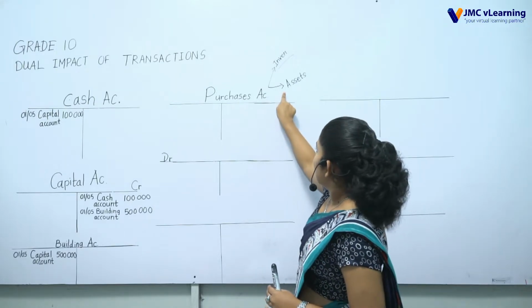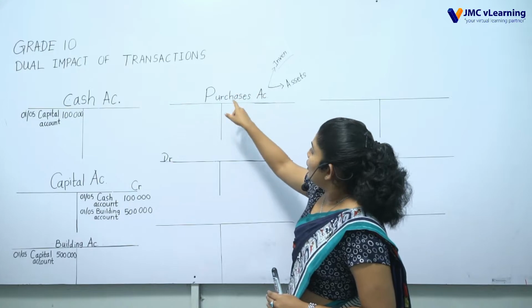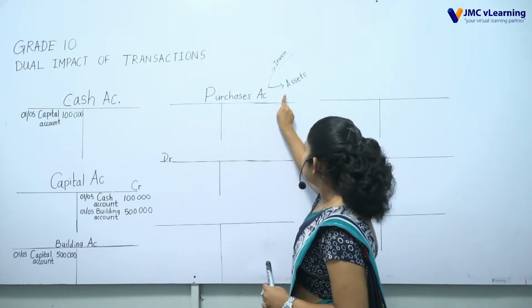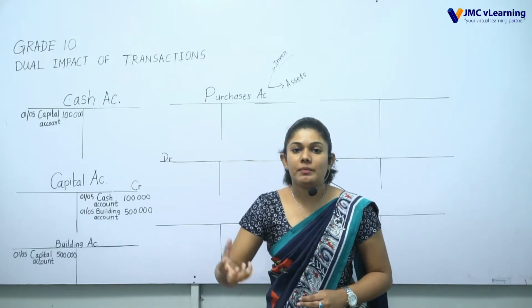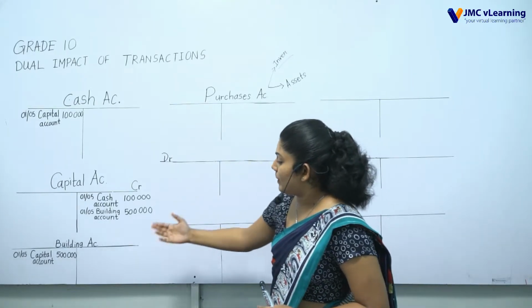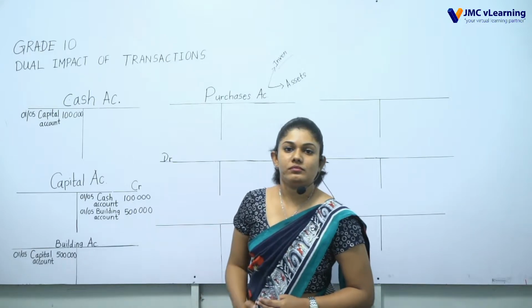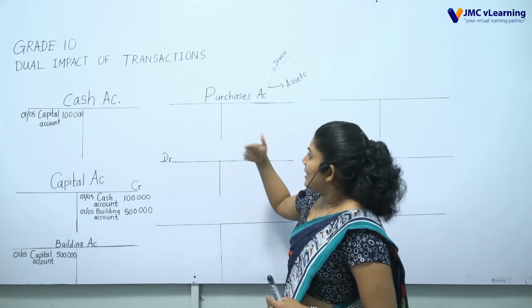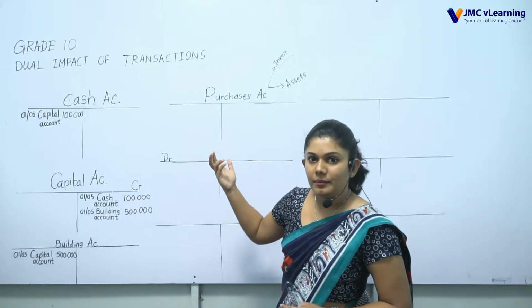And when we are purchasing an asset, although the word is similar, the impact is not. Assets which are purchased to use in the business, we have to record in separate accounts like building, and you can take furniture, motor vehicle, like that.